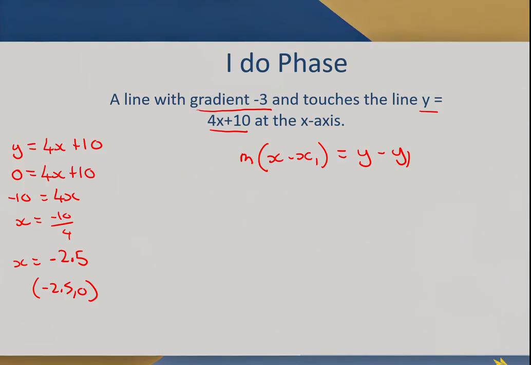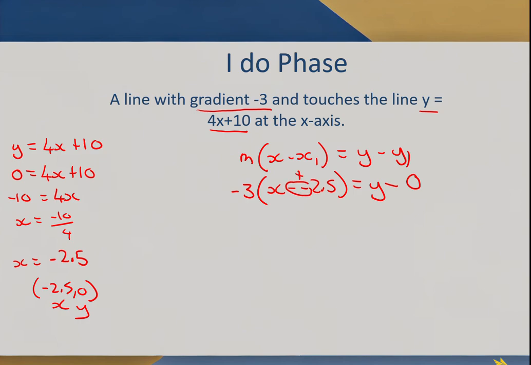Next step, I plug everything in we have. So here this is my x and this is my y. So x take away negative 2.5 is equal to y take away 0. This becomes positive because negative from negative is positive.